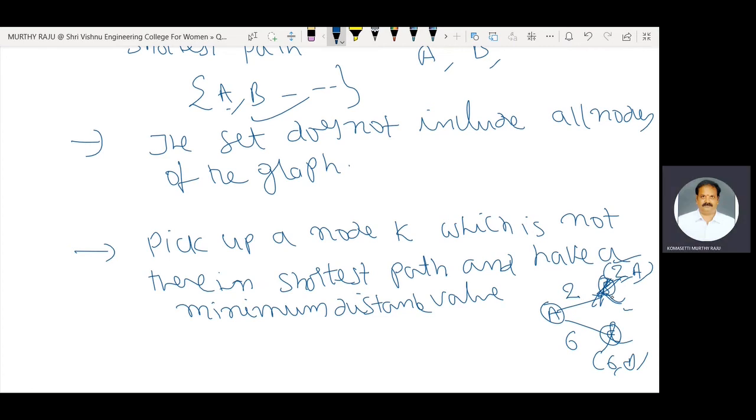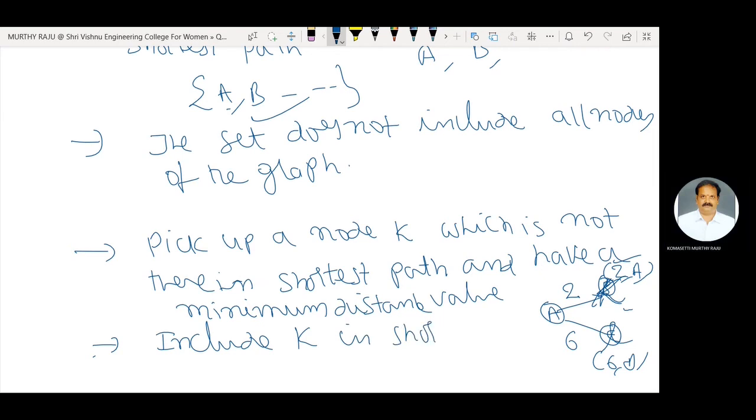That is called the minimum distance value. After that, include K in the shortest path.